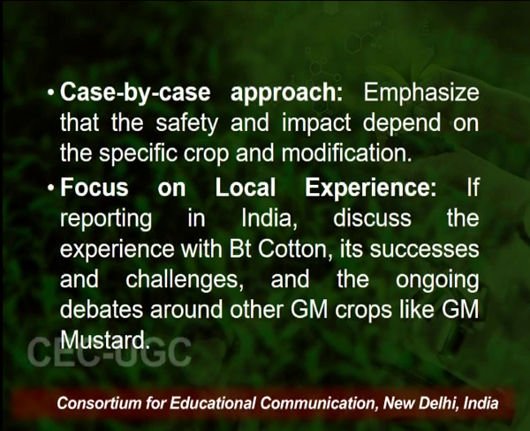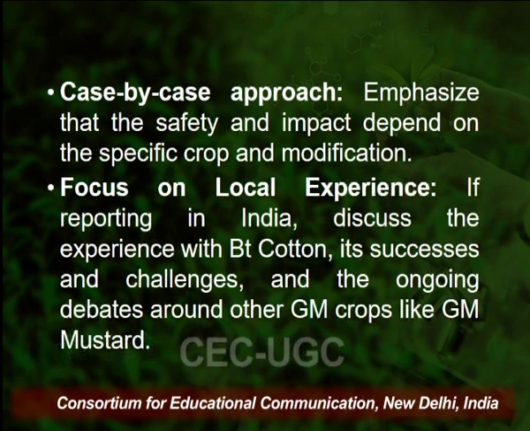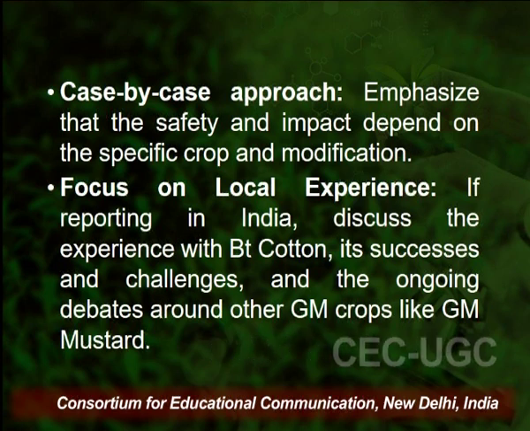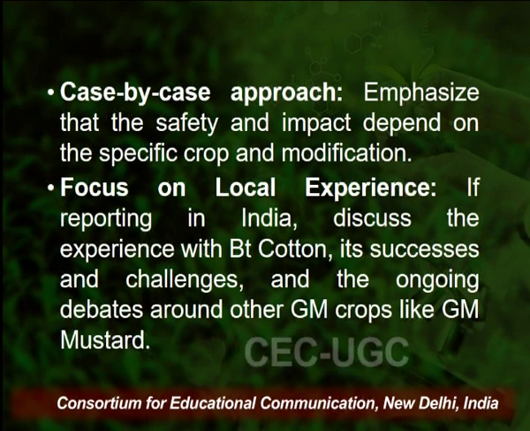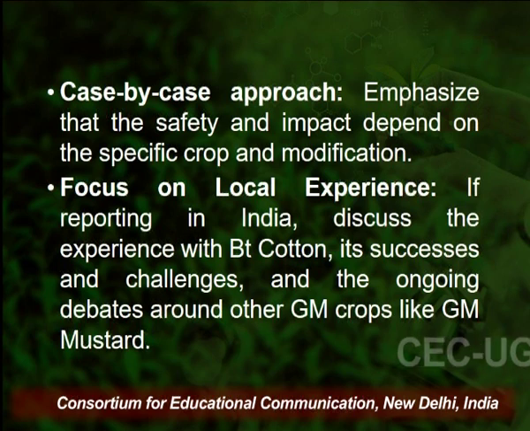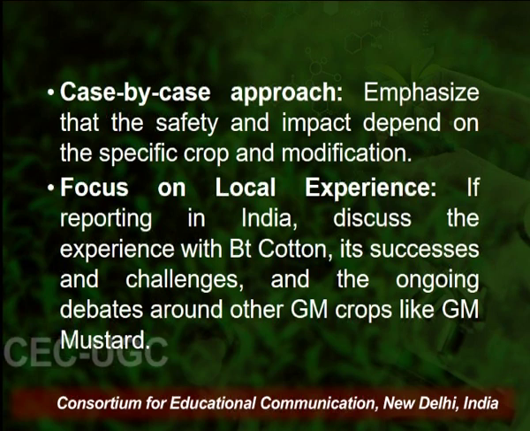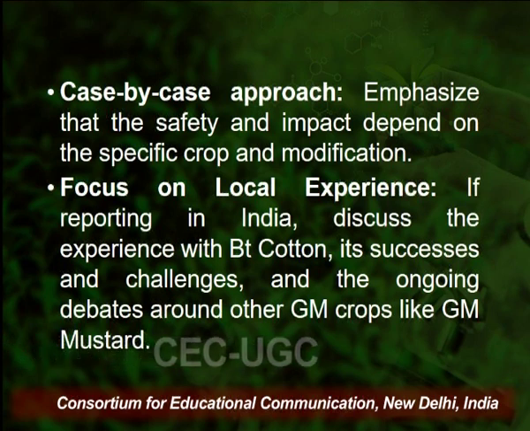Case by case approach: emphasize that safety and impact depend on the specific crop modification. Focus on local experience. If reporting in India, discuss the experience with BT cotton, its successes and challenges, and the ongoing debate around other GM crops like GM mustard. So, you have to focus on the local experience also.